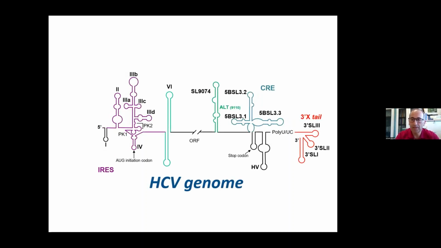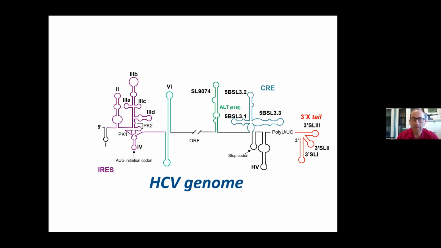Altogether they constitute the RNA genome. So more than preserving the sequence, what is important is to preserve the global structure of the RNA genome, and this structure is responsible for the function of the genome throughout the different steps of the viral cycle.